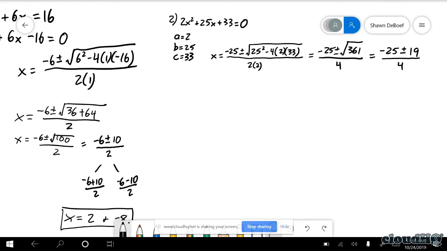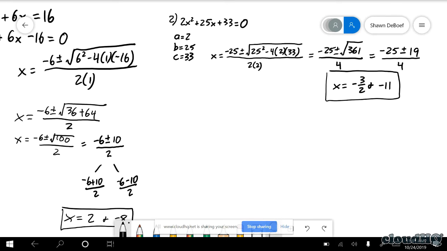So we have negative 25 plus or minus 19 all over 4. We can simplify that further. Negative 25 plus 19 is negative 6. So negative 6 over 4 becomes negative 3 over 2. Negative 25 minus 19 is negative 44, divided by 4 gives us negative 11. I would rather have fractions than decimals.